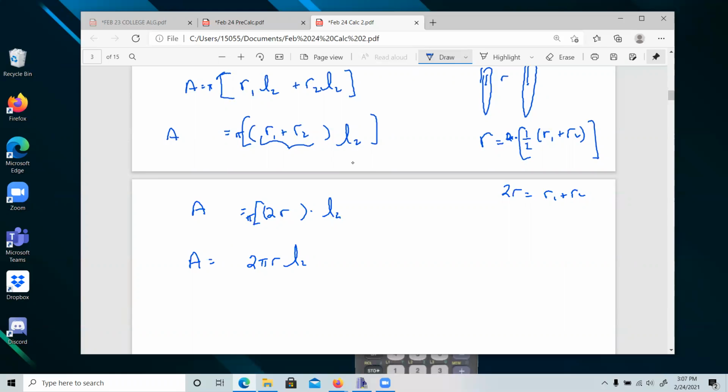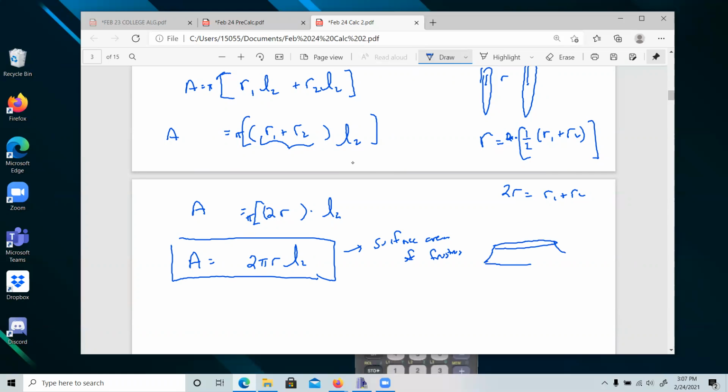So that is the surface area of the frustum. So we have this thing. Here's my radius, average radius. That's my R. And then here is my L2.